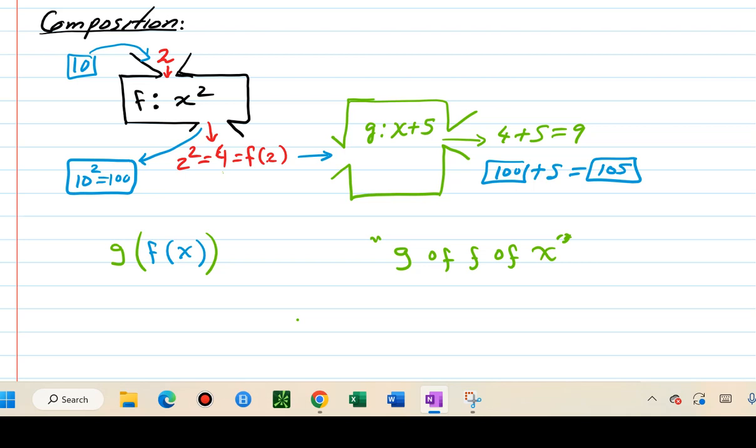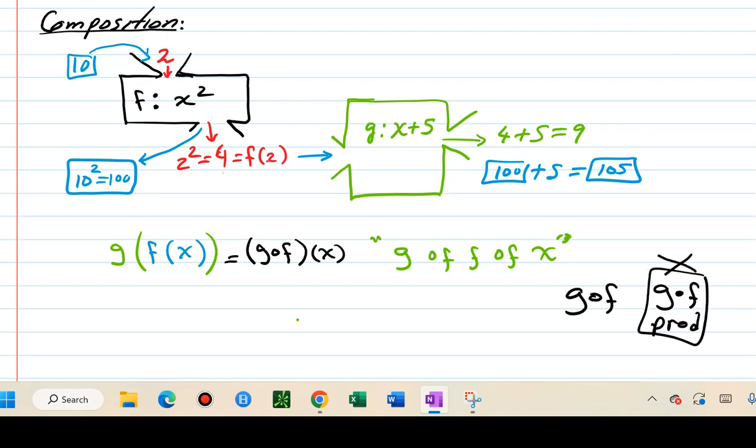Now, this composition, we can actually use composition notation, and we're going to write it like this: g circle f, close paren, of x. And be careful, we're doing g open circle f. If you put a dot, that's the product function. Be careful, we're not doing that.